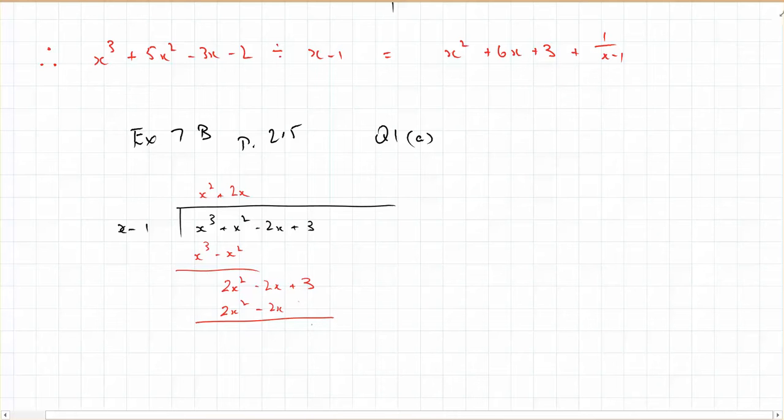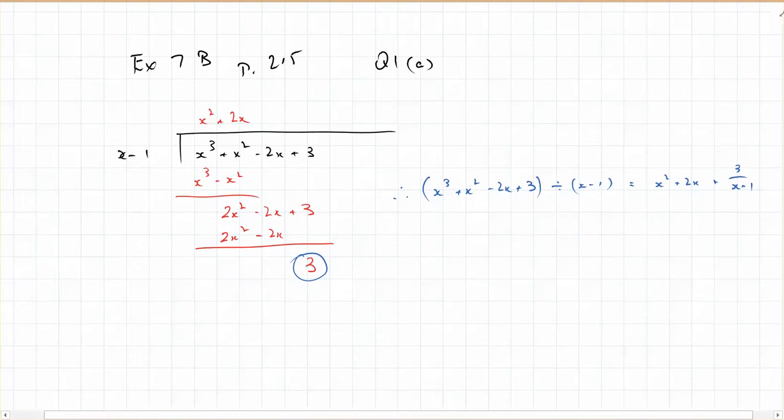Yep, so that's gone, and we're just left with 3. So my result is therefore x cubed plus x squared minus 2x plus 3, divided by x minus 1, is equal to x squared plus 2x with a remainder of 3. I write that remainder as plus 3 over x minus 1. So there's my remainder of 3.